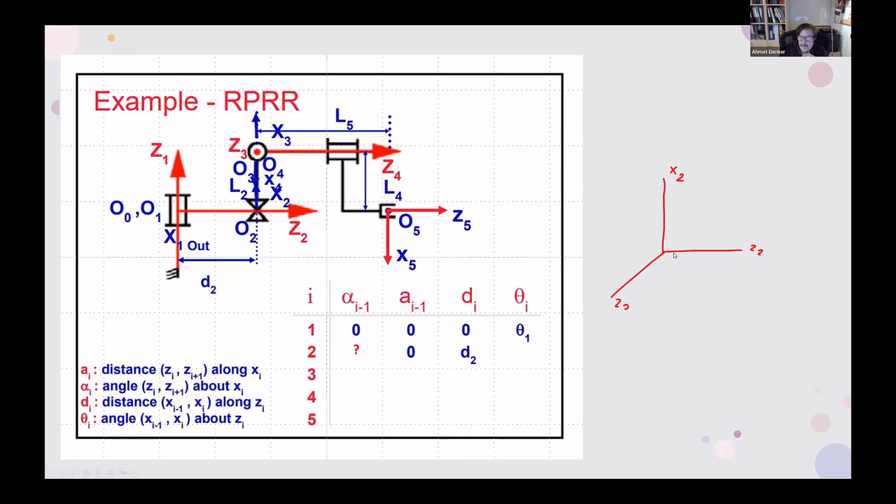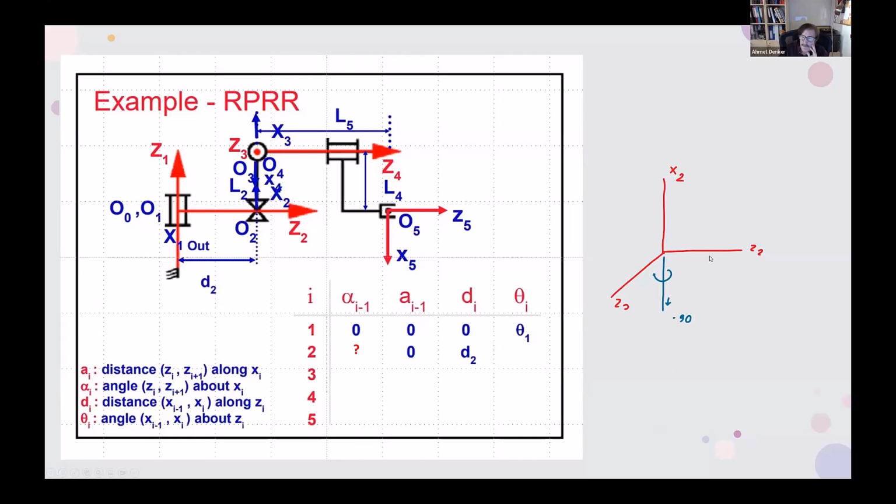But is it positive or negative? So I figured out the value of the angle. It is 90 degrees. But the question is now, is it positive or negative? All right.